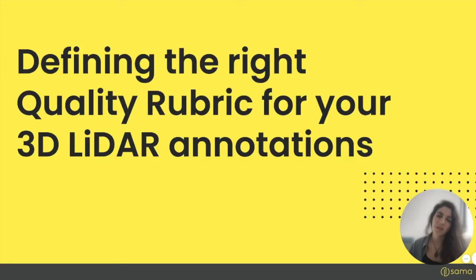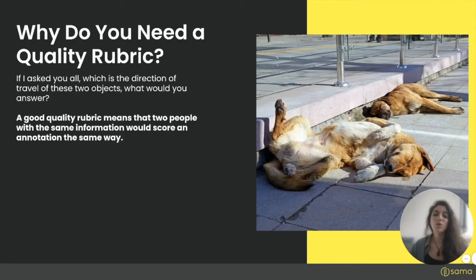Defining the right quality rubric for your 3D LiDAR annotations. Quality is required for your models, and it is imperative for you to have a good rubric so you can attain the quality that you actually need. So why do you need a quality rubric? If I ask you all, which is the direction of travel of these two objects, what would you answer?